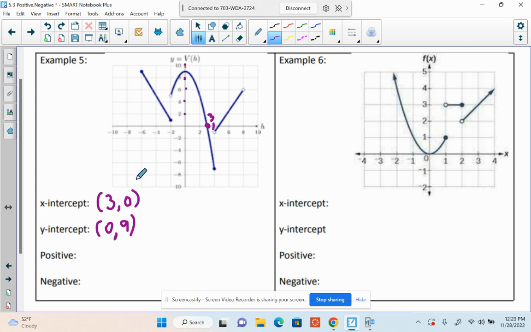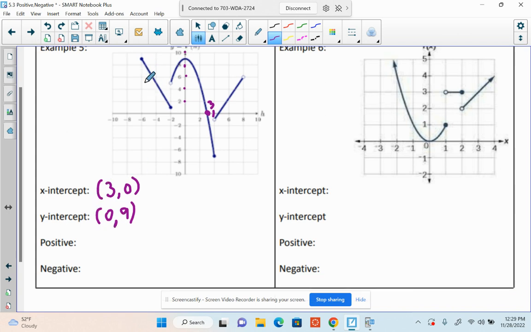And then positive, where is it positive? Let's see, from x equals negative 6. Notice we're above the x-axis over here. So from negative 6, we're going to use a bracket this time because at this point right here, the y value is positive. So negative 6 is included. And then we're going to go over to negative 2. But we're not going to stop, because from negative 2, we're going to go on to 3, where we do need to use a parenthesis because at x equals 3, the y value is 0.